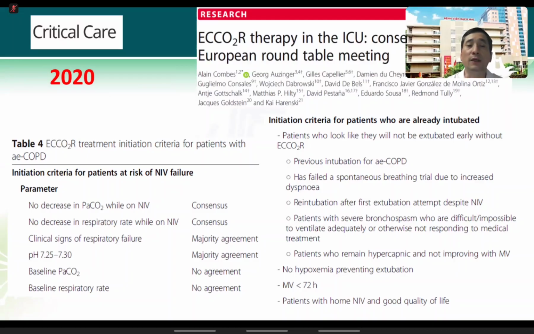You think about that, okay, going to ECCO2R or something like this. And basically, it's not clear what the cut-off is for the PCO2, for respiratory rate, for pH, or for something else.